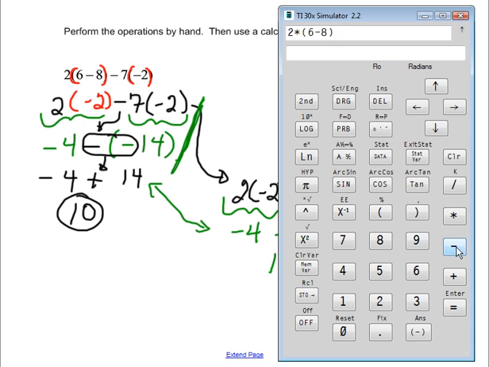And then we have minus 7, and then times, in parentheses, the negative 2. So we're just writing down the original problem as we saw it. The one exception is that we're putting in these multiplication signs where we're doing multiplication. We don't want to always count on juxtaposition on a calculator. Sometimes calculators get confused by that. And if we go ahead and press enter, we can see there's the answer 10, exactly as we were expecting.